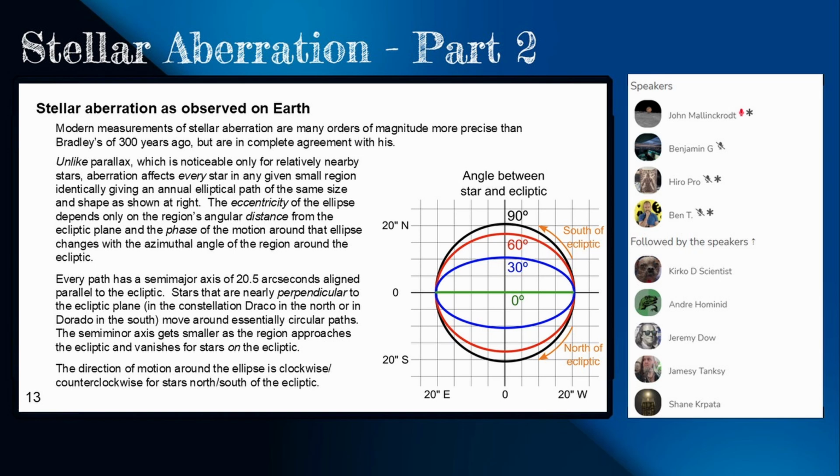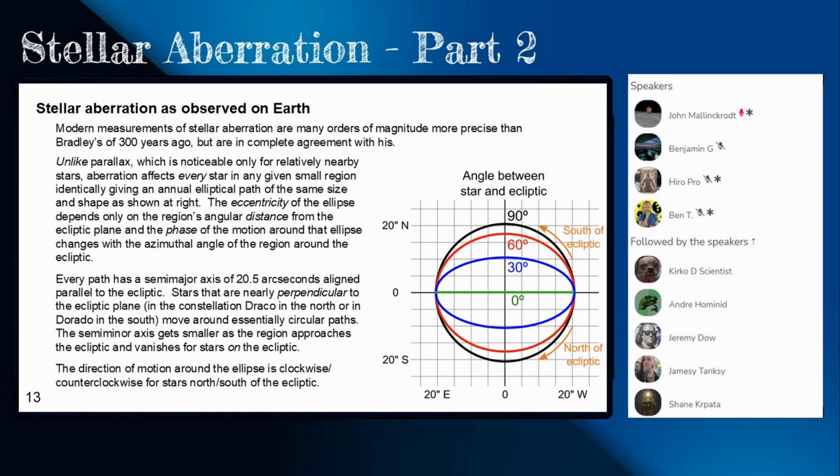For every star in the sky, there are 2 times a year where the motion of the Earth is perpendicular to the line of sight. If you think of that as a little geometry problem for you, think about the Earth moving around a circle. Pick any point in space and see that there'll be 2 places on that circle where a tangent is perpendicular to the direction to the star.